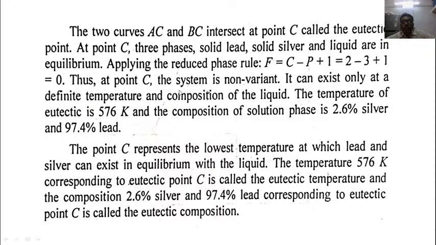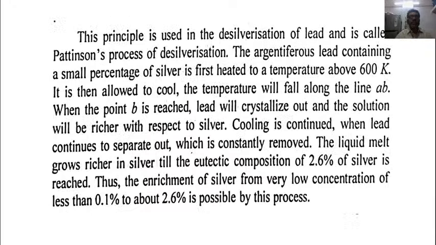The temperature 576 Kelvin corresponding to the eutectic point C is called the eutectic temperature, and the composition 2.6% silver and 97.4% lead corresponding to the eutectic point C is called the eutectic composition. So what is the eutectic composition? 2.6% silver and 97.4% lead, and the corresponding temperature, 576 Kelvin, is called the eutectic temperature.